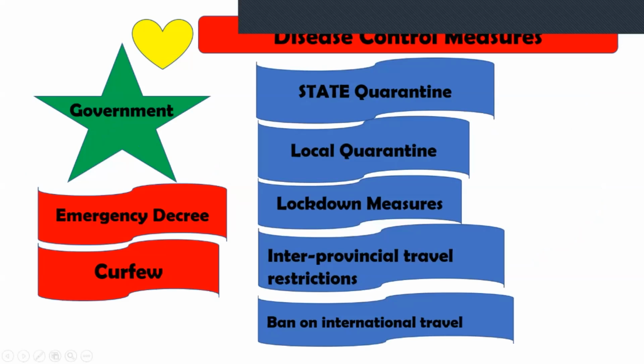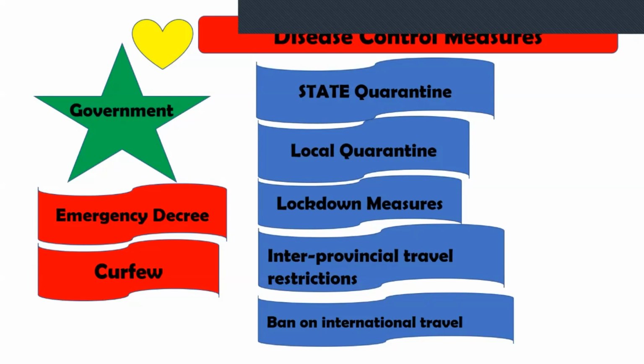For the government, on March 12, 2020, if I recall, the Thai government ordered the emergency decree, and we have state quarantine and local quarantine, and also a curfew. Do you know curfew?